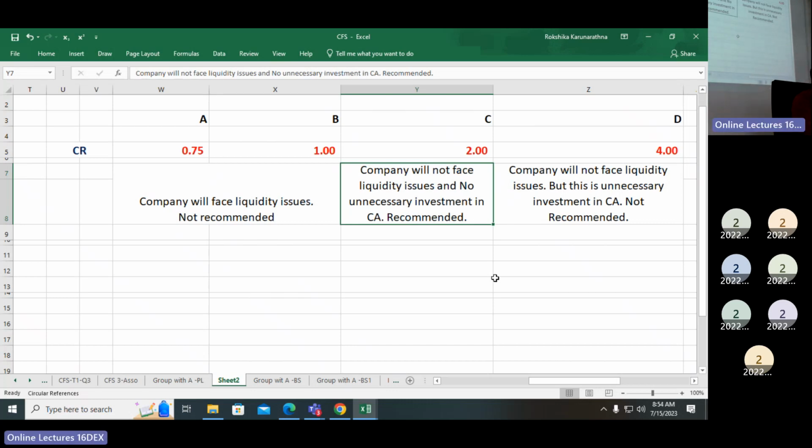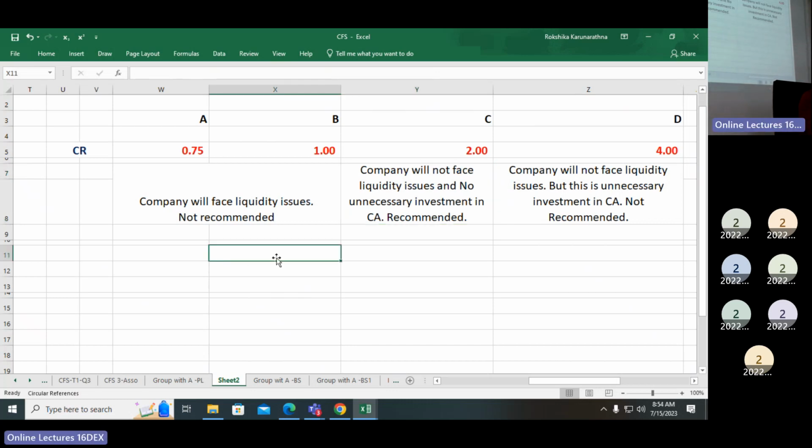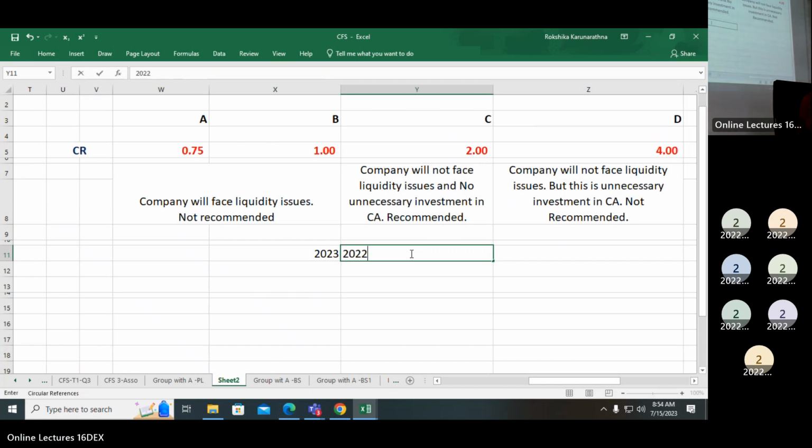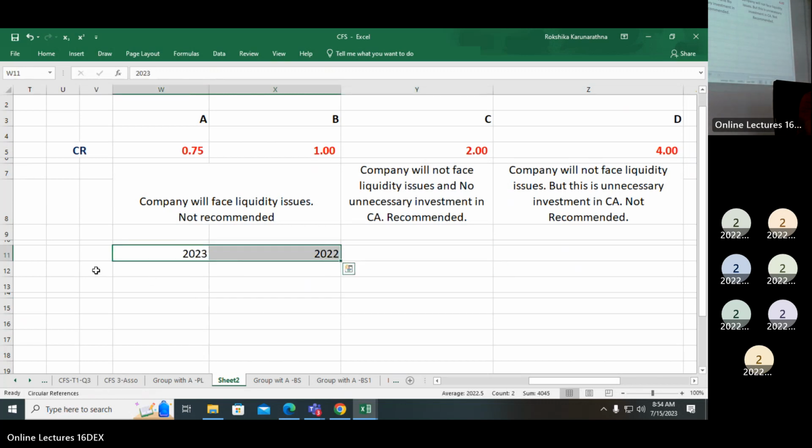Because now, just take for an example, the business's current ratio in 2023 and 2022.